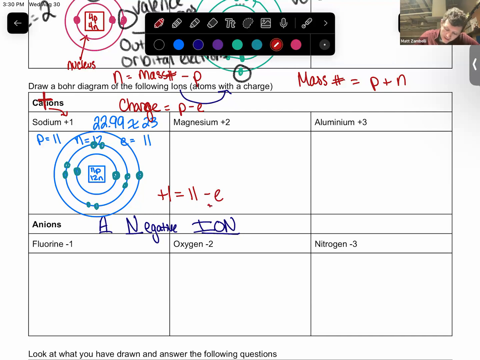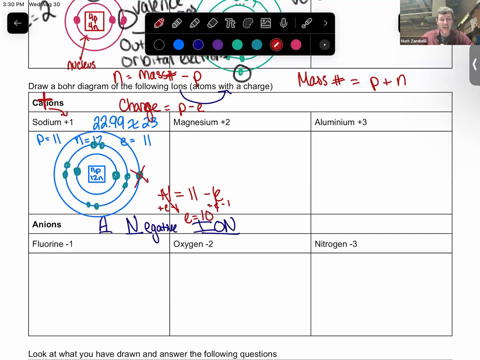So if I add my electrons to the other side and I subtract my 1 from both sides, this crosses out, and I get my electrons equals 11 plus or minus 1. And 11 minus 1 is 10. So that means we lost an electron.